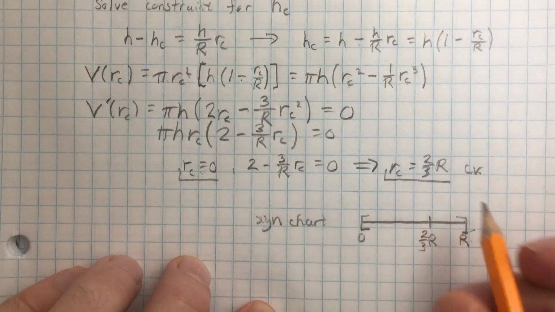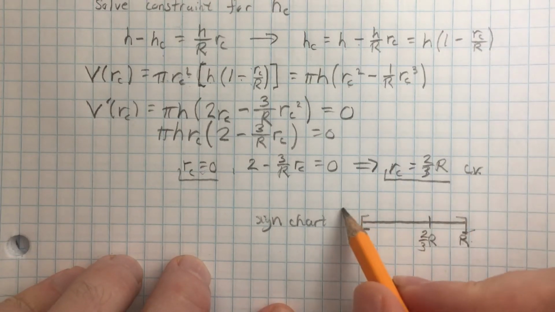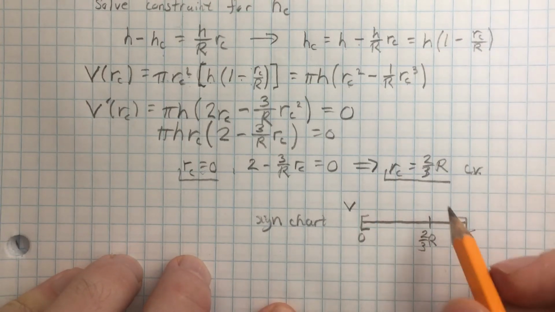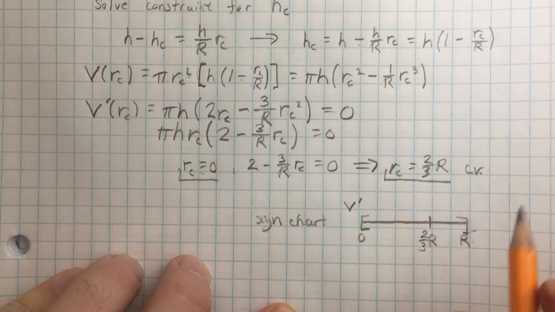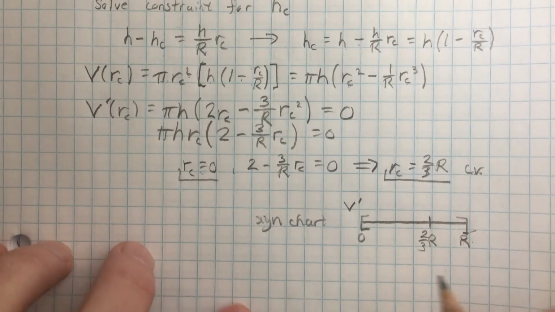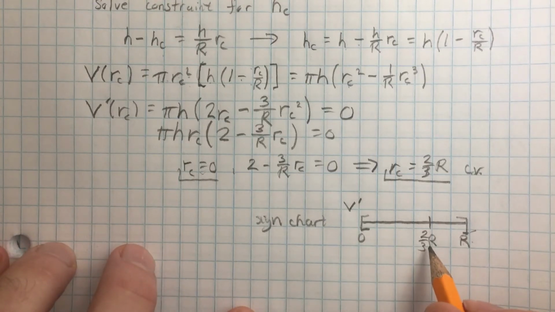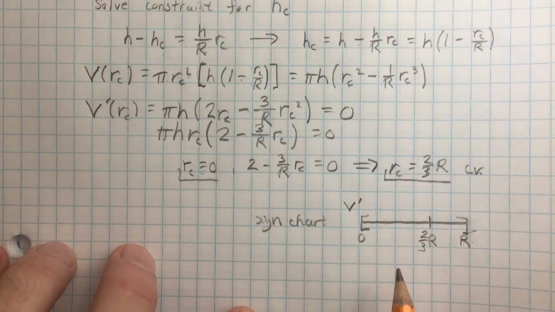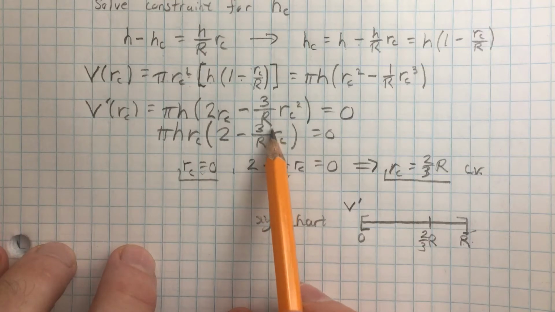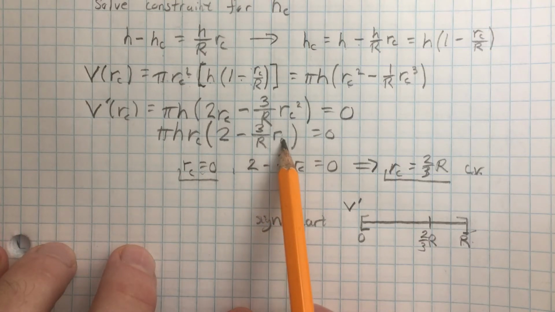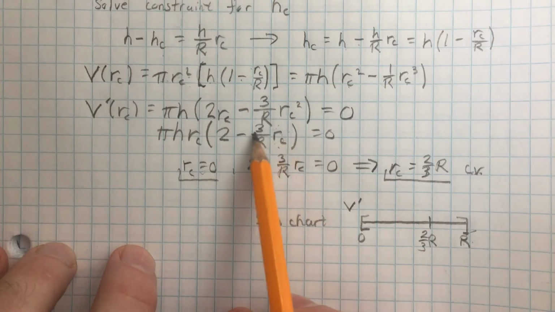So all we need to do is show that the volume of the cylinder is maximal here. This is what we anticipate. So if we take a test case between 0 and 2/3 R, like maybe 1/3 R, you can easily show in here, if you picked 1/3 capital R, i.e. R on 3, these would cancel exactly.